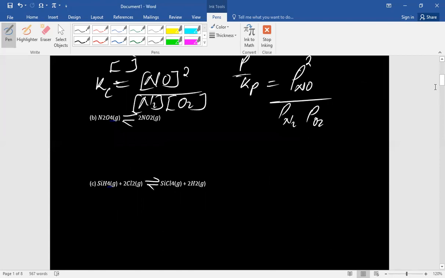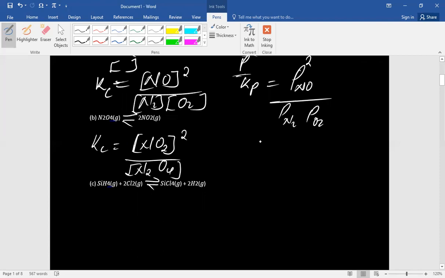We go to B, and we'll be doing the same. For concentrations, Kc is equal to the concentration of nitrogen dioxide to the power 2 over the concentration of dinitrogen tetroxide.